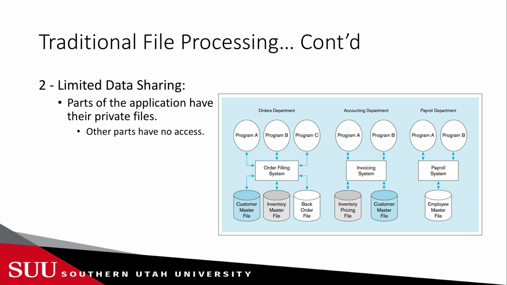Now, this is going to be a problem when we try to generate a report. That's going to be very difficult because we must draw from other systems. So, for example, if one of those systems wants data from another system, or if the company wants to generate a report that summarizes their expenses, then they will have to go through all of those and try to pull from each one of those systems.